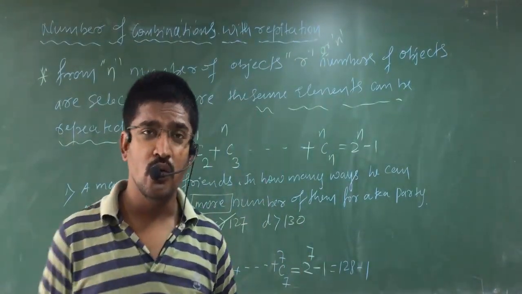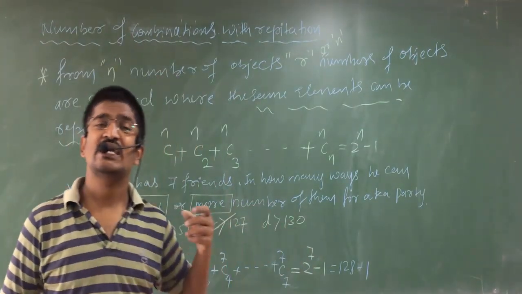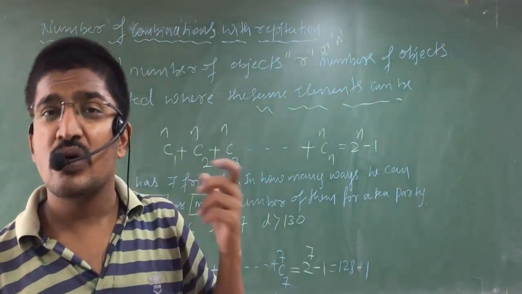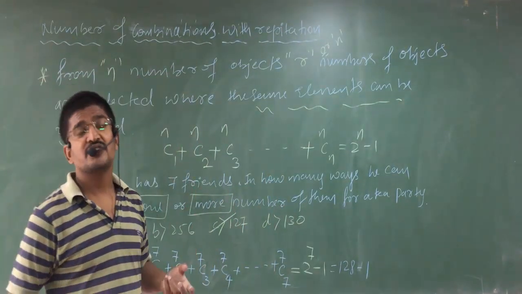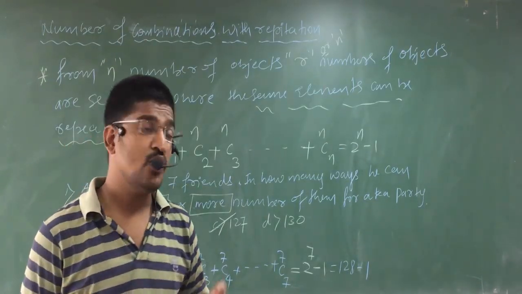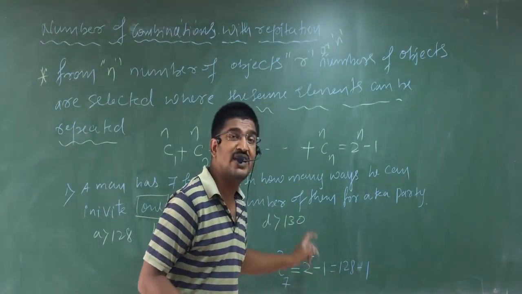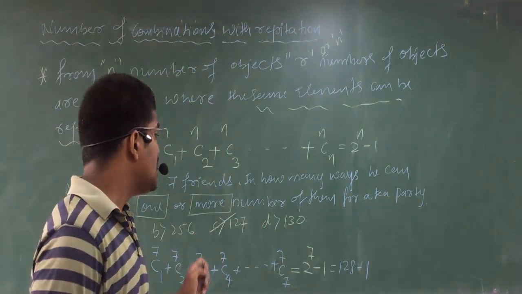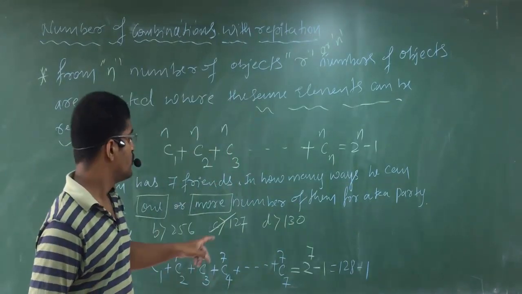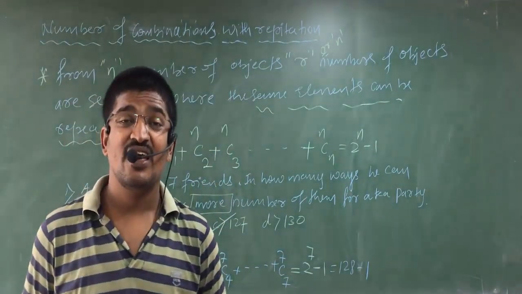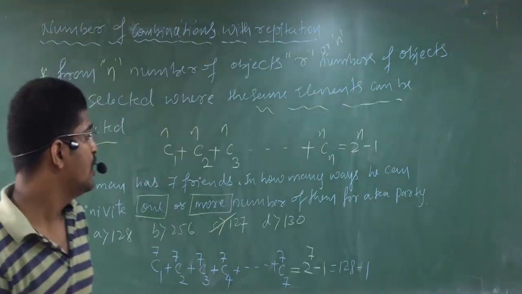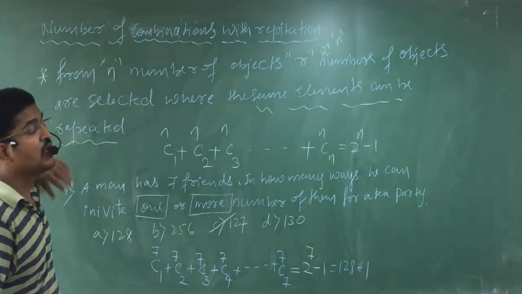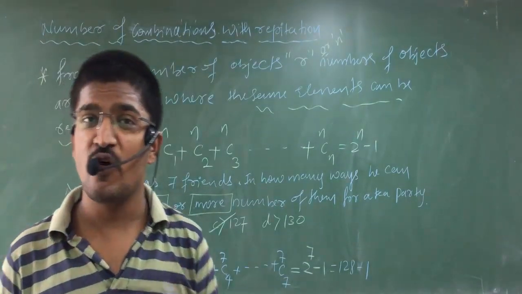Clear? 2 to the power of 1 is 2, 2 to the power of 2 is 4, 2 to the power of 3 is 8, 2 to the power of 4 is 16, 2 to the power of 5 is 32, 2 to the power of 6 is 64, 2 to the power of 7 is 128. Clear? So 128 minus 1 will be 127. Are you getting my point? So your answer will be 127. I think now you got your particular definition and formula.